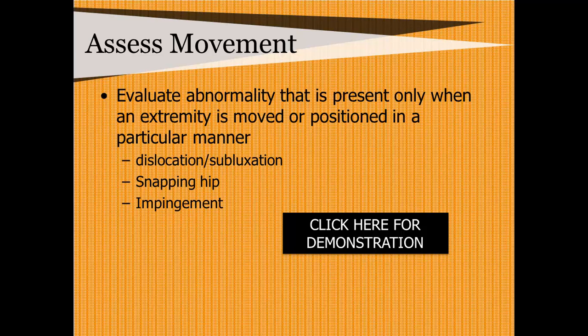It saves a tremendous amount of time for the patient, for the diagnosis, for treatment. It's invaluable. So things like dislocation or subluxation, snapping of any kind of tendon, but we do it often for snapping hip, or impingement very often. That's included in a shoulder ultrasound.